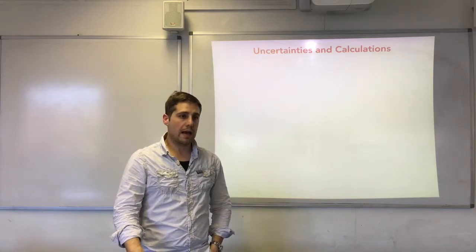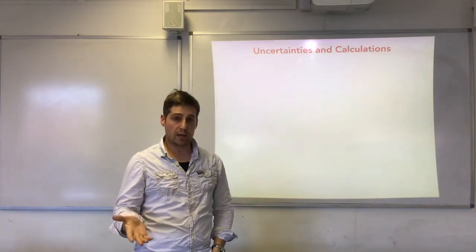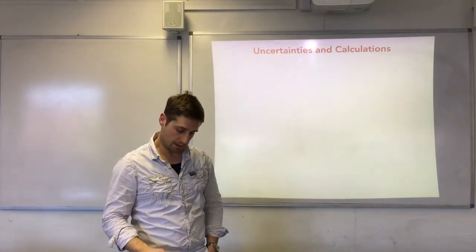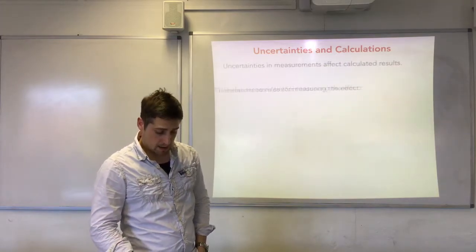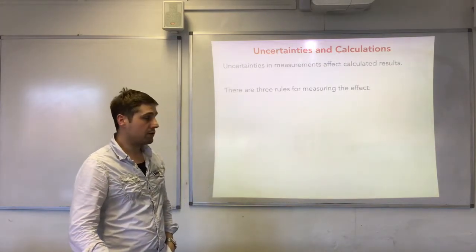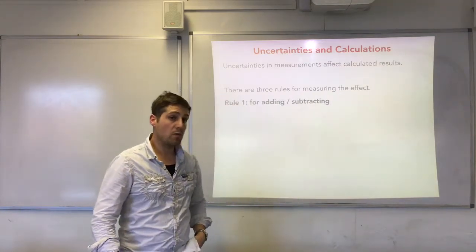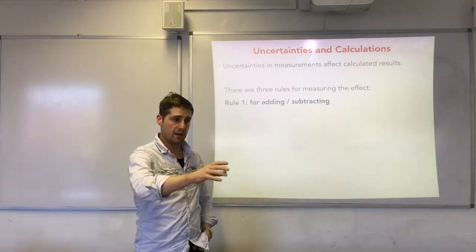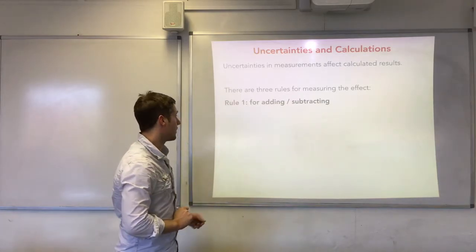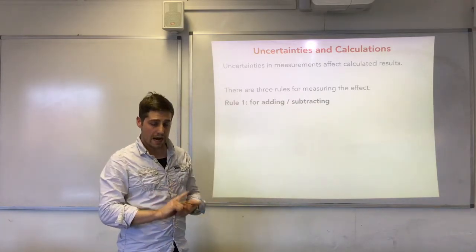Now let's look at what you do if you do calculations with measurements that have got uncertainty. Uncertainties in measurements will affect your calculated values, and there are 3 rules that you need to know for estimating the uncertainty in your calculated values. Rule 1 is if you are adding or subtracting.